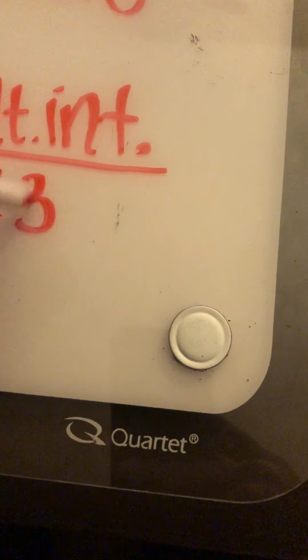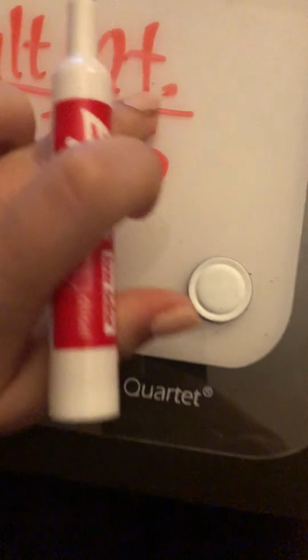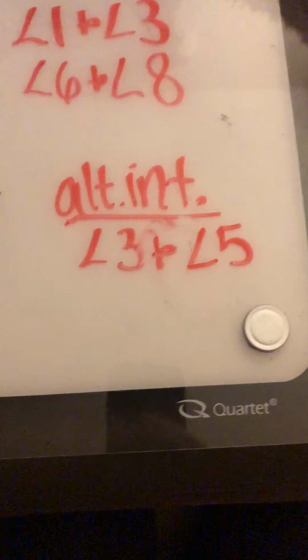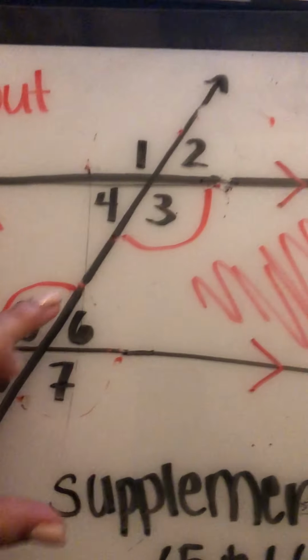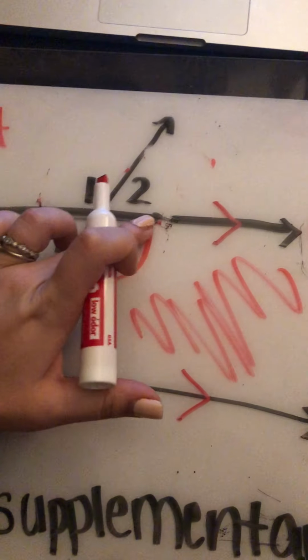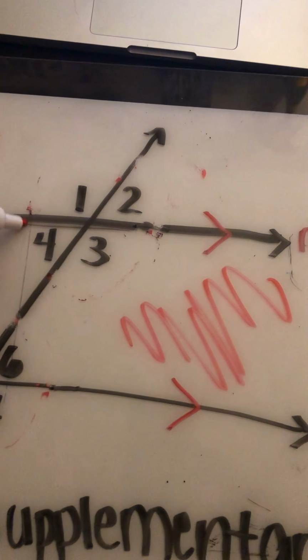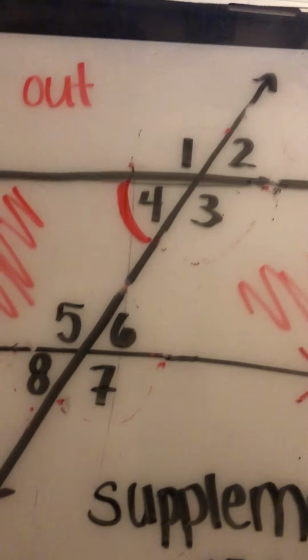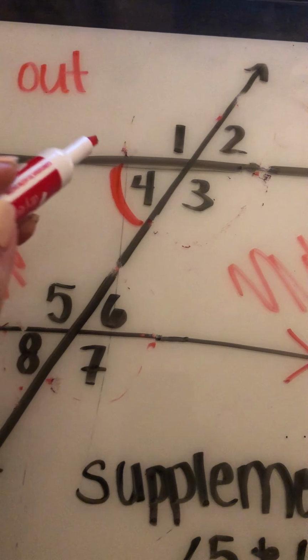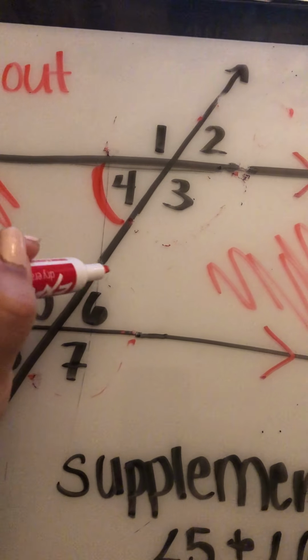I'll write that down. Oops, I missed the angle sign. Okay, and then the other pair of alternate interior is if we selected 4, then the angle that is alternate interior to 4 would be on the opposite side and not next to it.